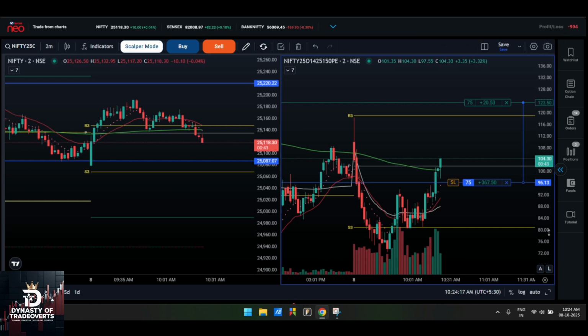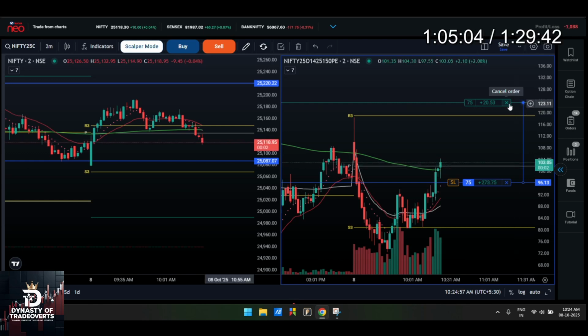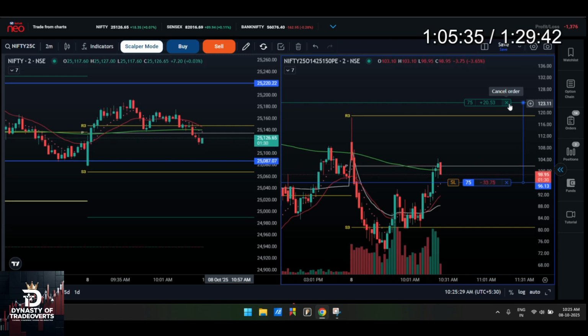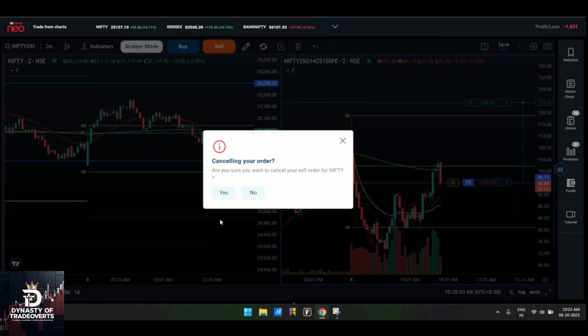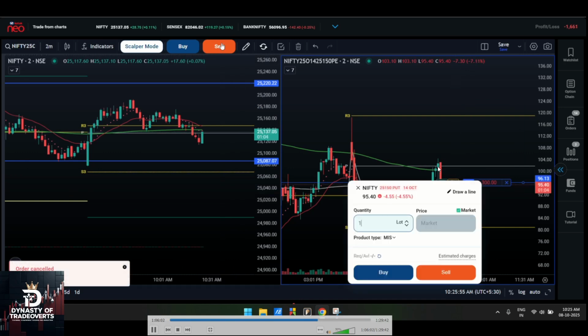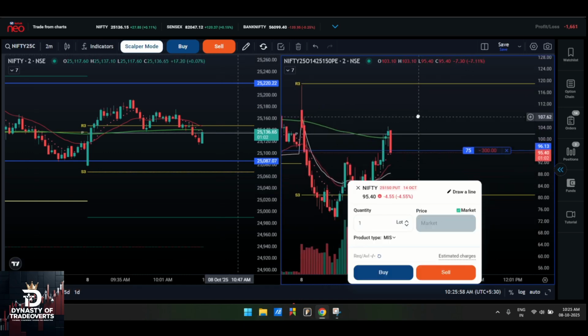Okay, I'm seeing a spike. Okay. It's a big red candle. The price came back down. So it's kind of a rejection from the 200 EMA and pivot level.